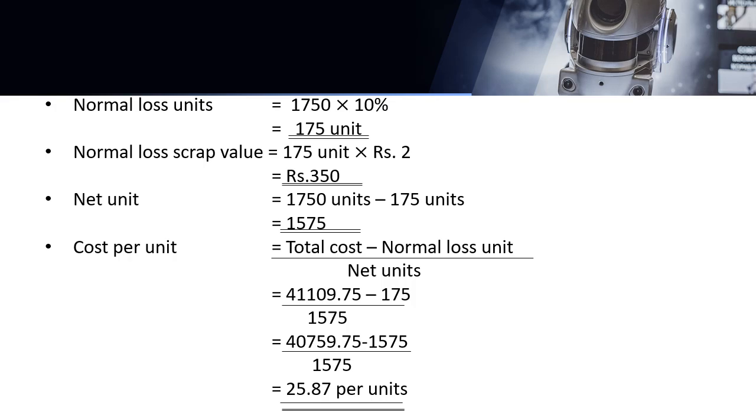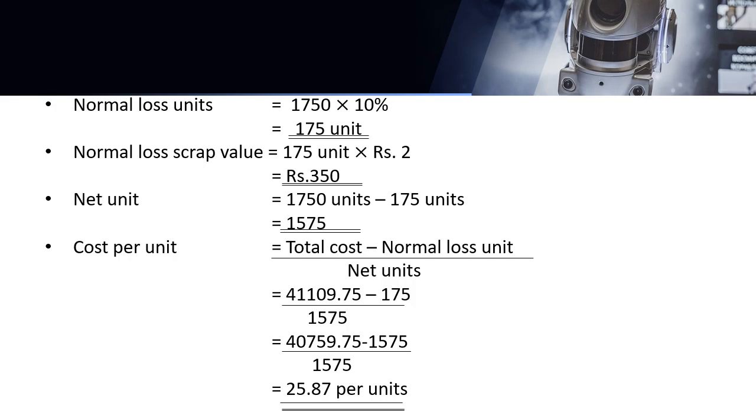After that, calculate the normal loss units. Normal loss units equal 1750 multiplied by 10 percent. Answer is 175 units. Next, calculate the normal loss scrap value. Normal loss scrap value equals 175 units multiplied by 2 rupees.